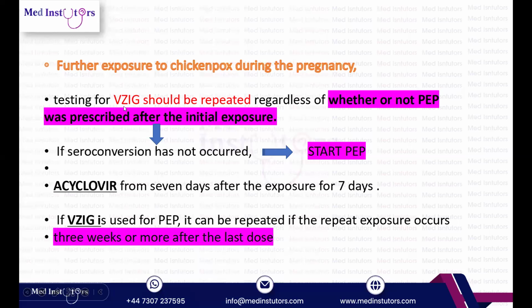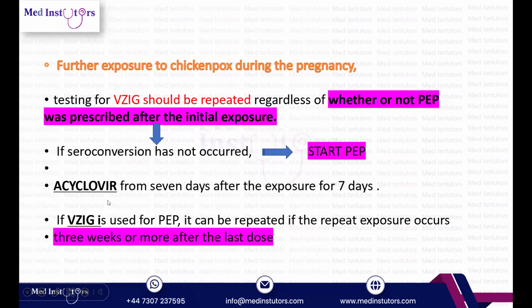Here, testing for varicella zoster IgG should be repeated regardless of whether or not PAP was prescribed after the initial exposure, and check whether they have got a seroconversion or not. If there is no seroconversion, then start PAP. We have to again give her post-exposure prophylaxis, and the dose for the acyclovir oral tablets is the same.